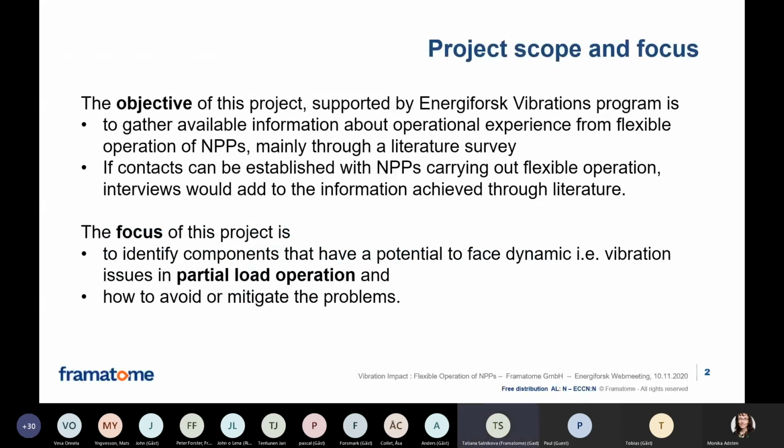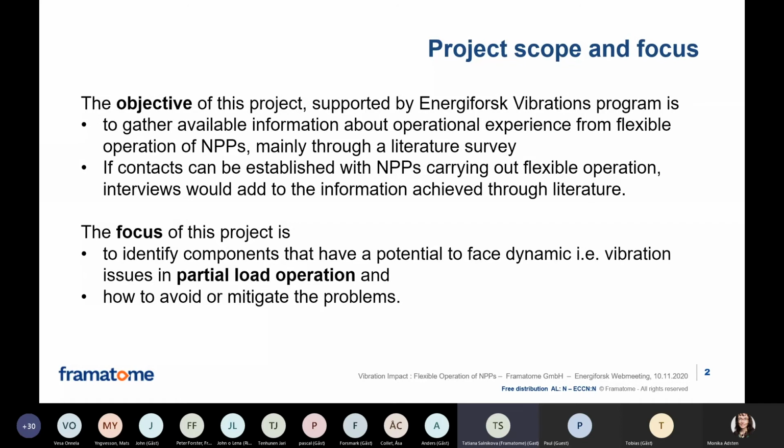Thank you. These projects were supported by the Energy Force vibration program, and the idea was to gather all available information on the impact from various interviews. We were able to perform mostly 5 interviews, collecting information from 1, 2, or sometimes even 3 different plants from German utilities.